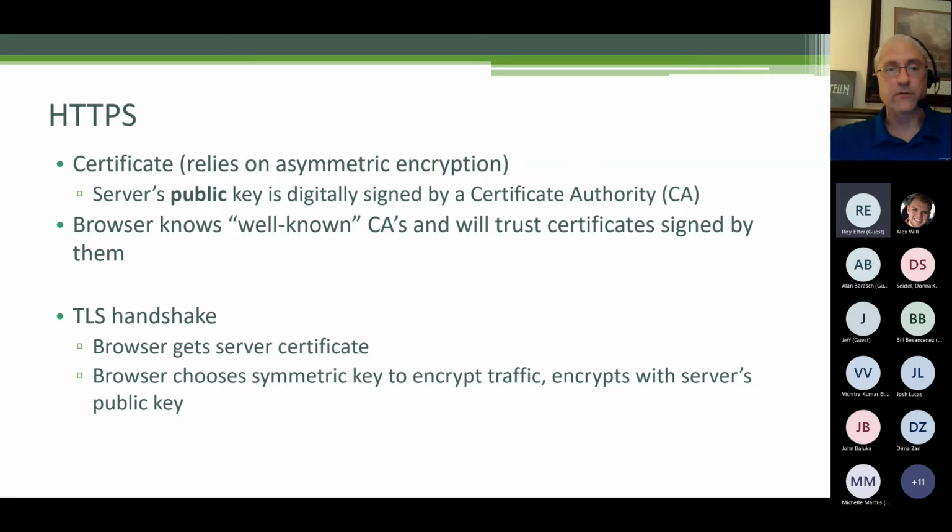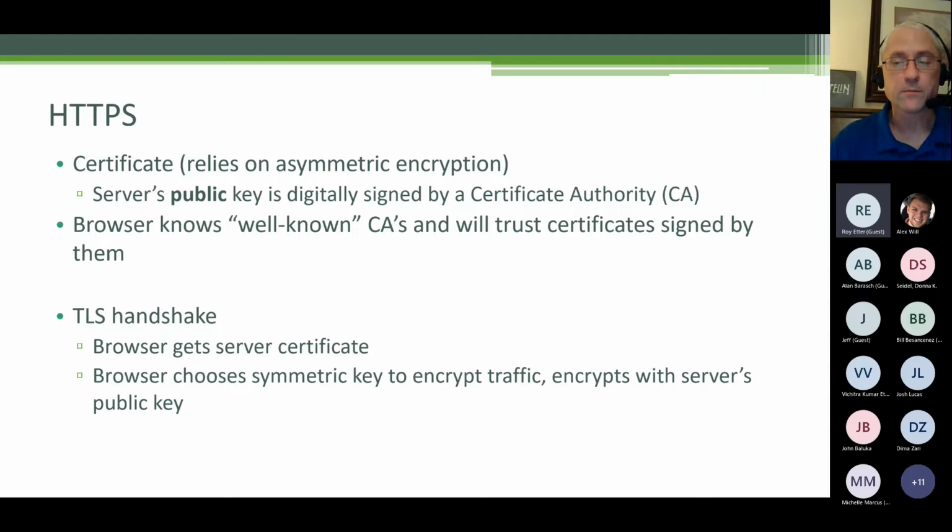So now the browser and the server both know a random symmetric key to use for this session. So now they drop down and start doing symmetric encryption because it's really fast. So that's a good example that uses basically all of the things we've talked about, the hashing, the digital signatures, asymmetric and symmetric, how it all comes together to provide what's actually a practical service for everybody who's doing HTTPS on their websites.